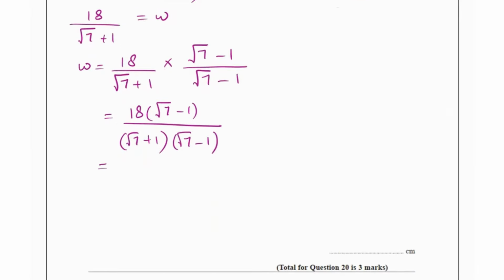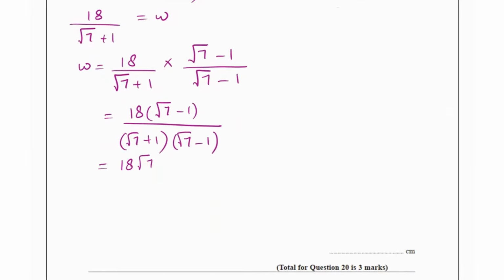Expand the bracket. So that's 18 root 7 minus 18. And for the denominator, you can either expand the brackets or just directly use difference of perfect squares, which is a squared minus b squared, and that equals a minus b times a plus b. So over here, root 7 is our a and 1 is b.